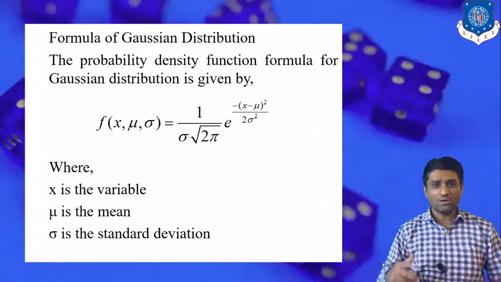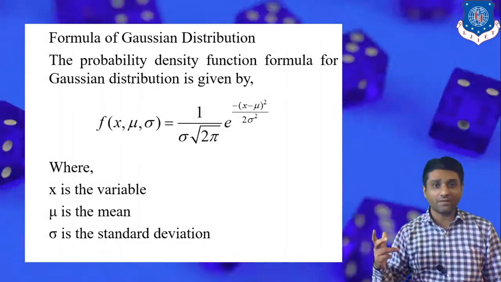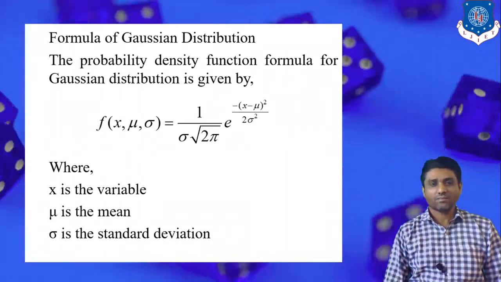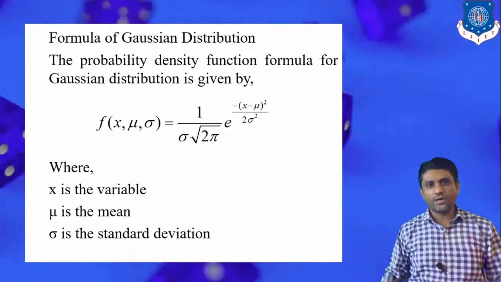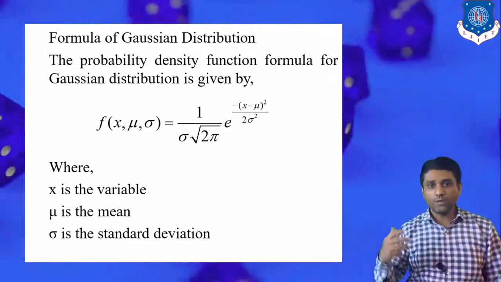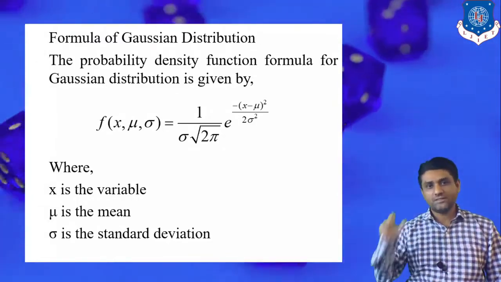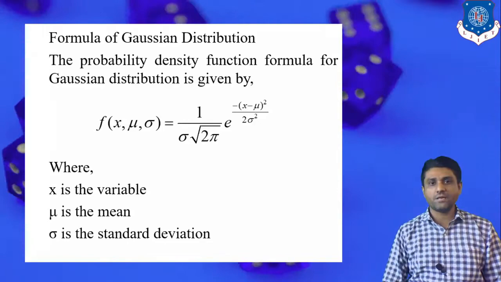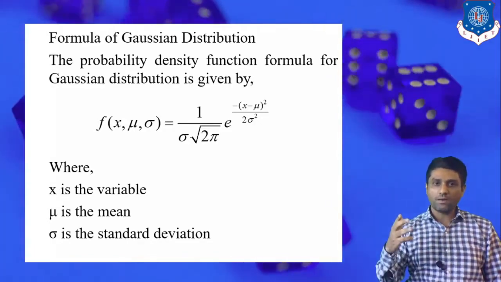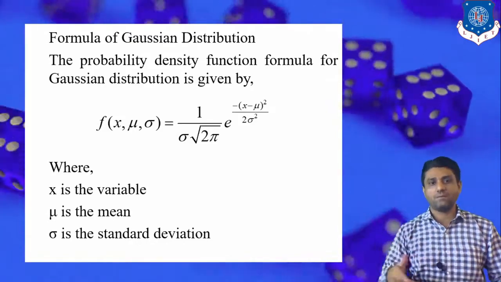But what is the different thing in the normal distribution? Generally, whenever we have to find the probability corresponding to any distribution, we must know the mathematical expression, that is the PDF, probability density function, and by using that formula we solve the example.